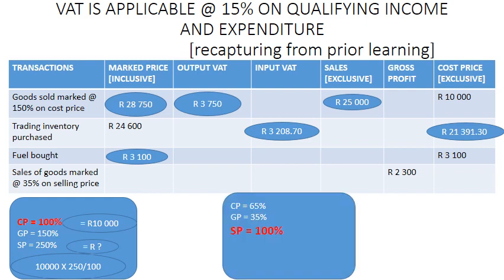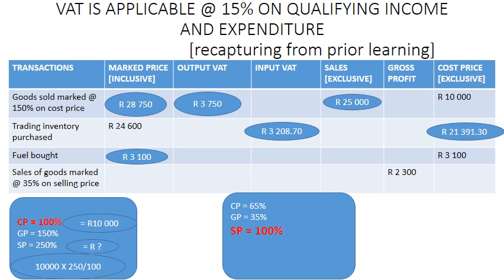Because selling price is our base, we will express it as 100%. Gross profit margin is given as 35%. To determine our percent for cost price, we will deduct the gross profit from the selling price percentage to arrive at a percentage of cost price of 65%.